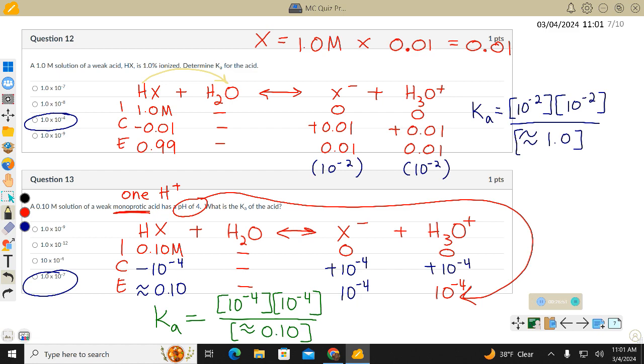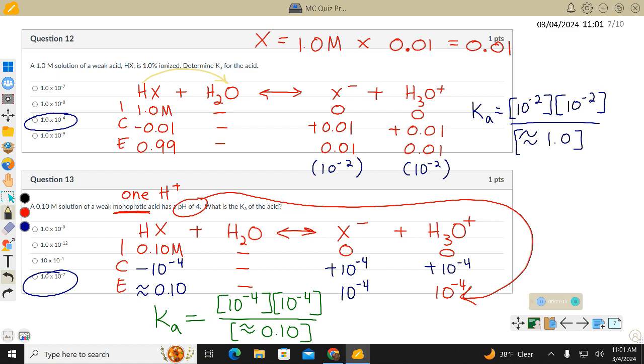From there, we got everything we need to calculate the Ka. We'll go products over reactants. And again, you can use 0.99 in the denominator, but it's just going to be really tiny, and it almost doesn't even make a difference. The Ka ends up being about 10 to the negative 4.